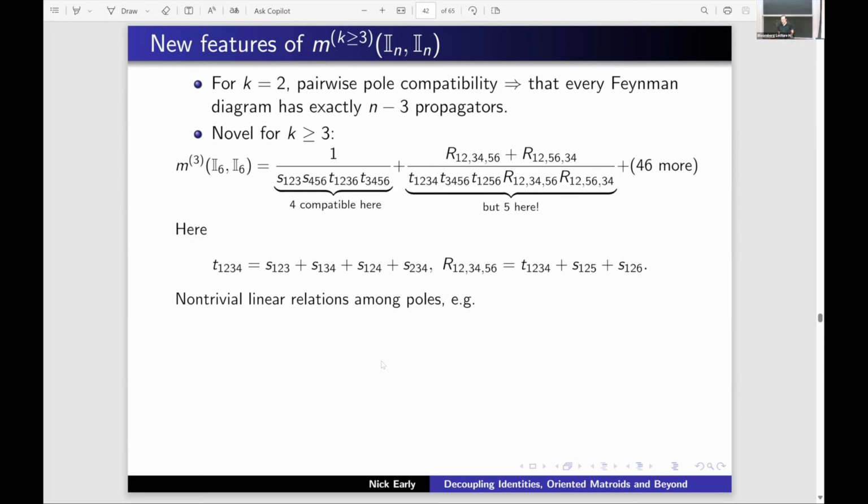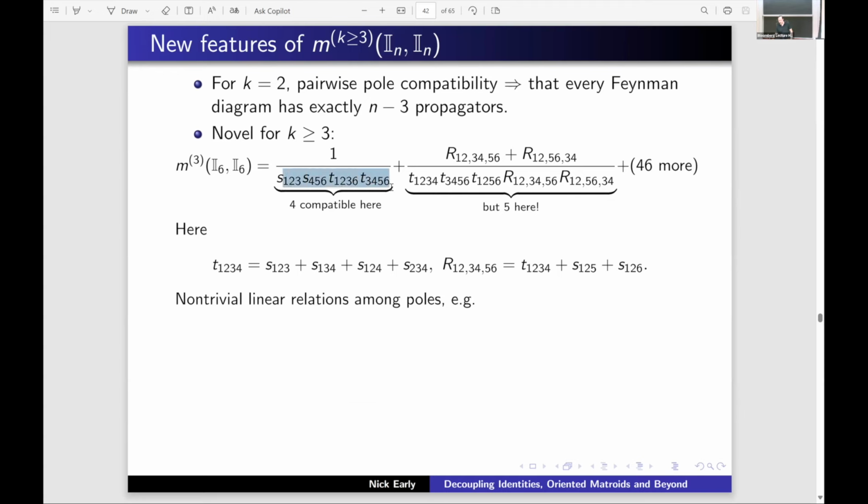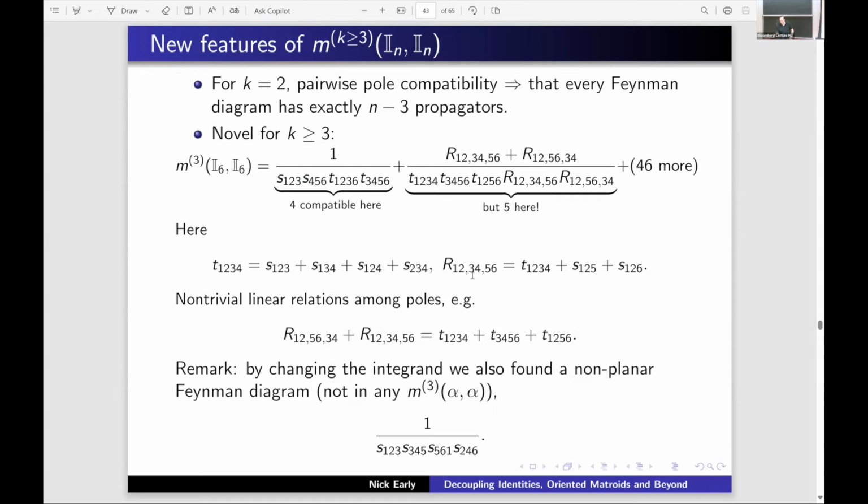The novel feature for k equals 3 is that now you may have more than the expected number. Here you will have the same number as the dimension of the configuration space, 4, but you may also have 5 factors in the denominator. Now they are not linearly independent. You still can take no more than 4 residues, but you have these interesting numerators and interesting linear relations among the poles, such as this.